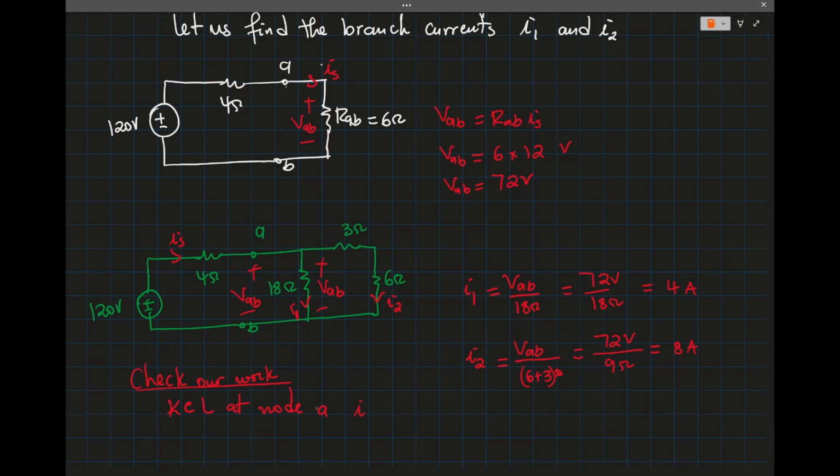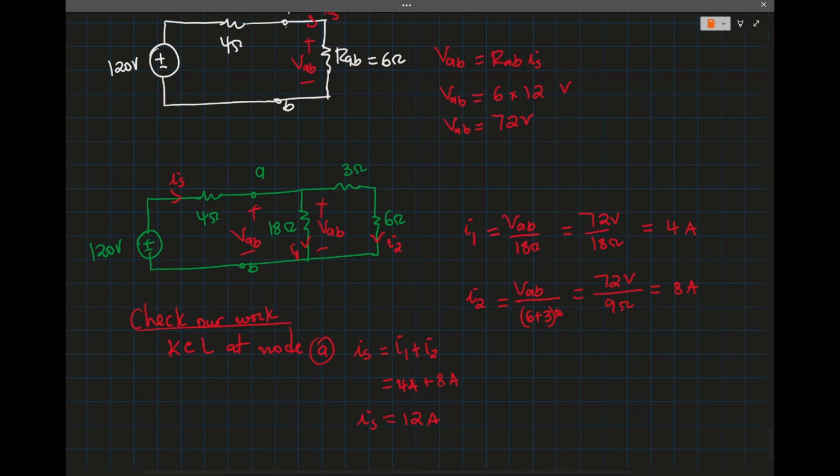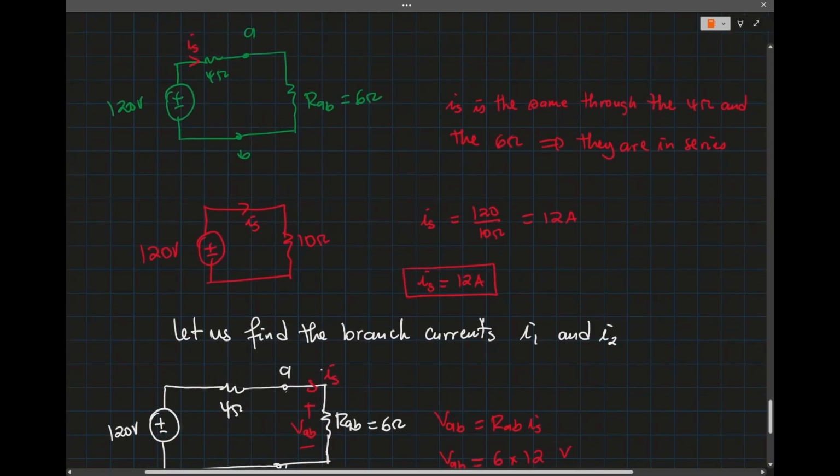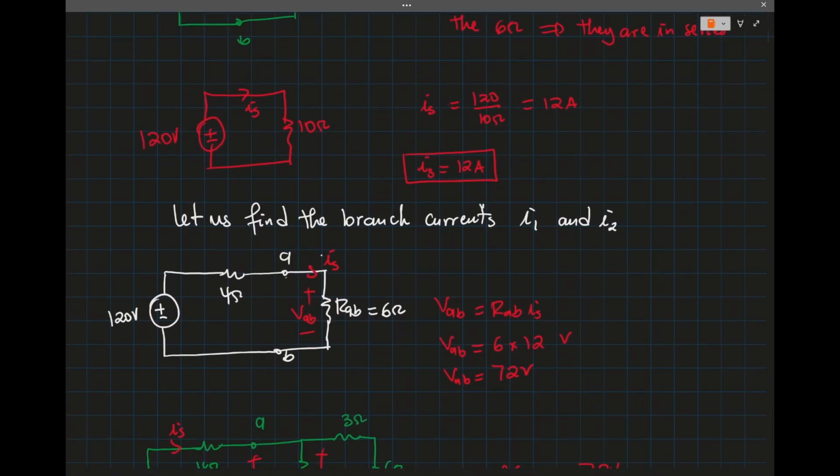So IS equals I1 plus I2. I1 is 4 amps, I2 is 8 amps, so the total is 12 amps, right? Which checks. That's what we calculated IS to be, so that proves that we calculated everything correctly.